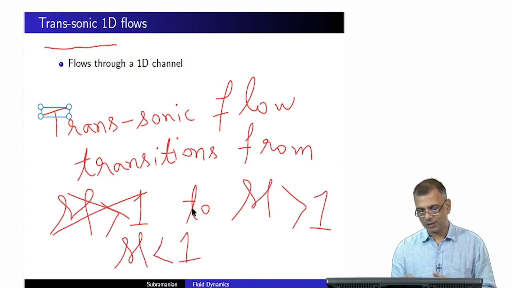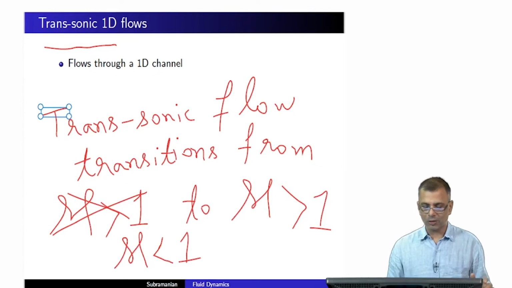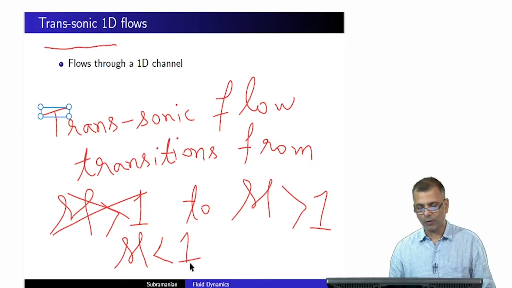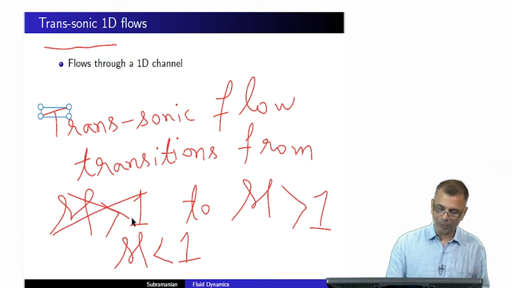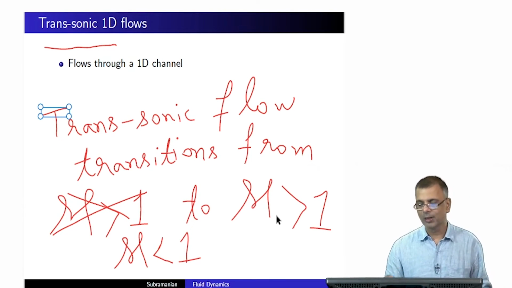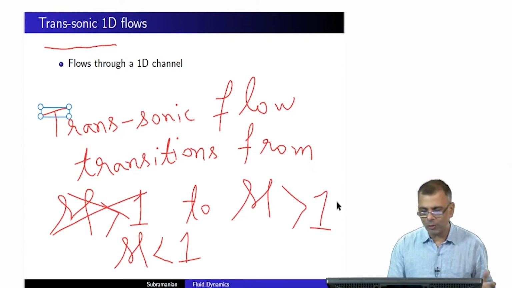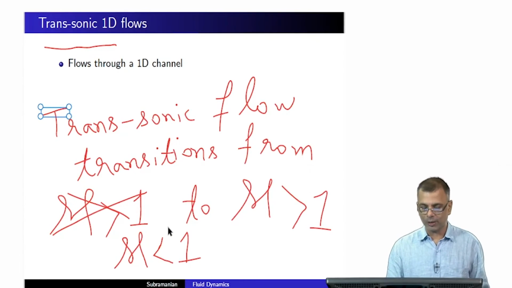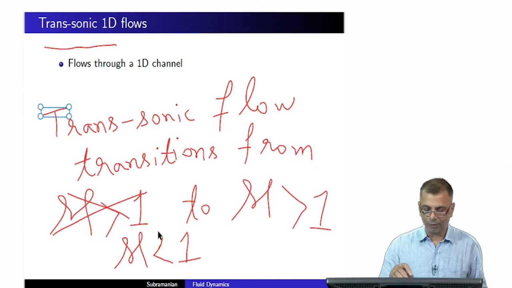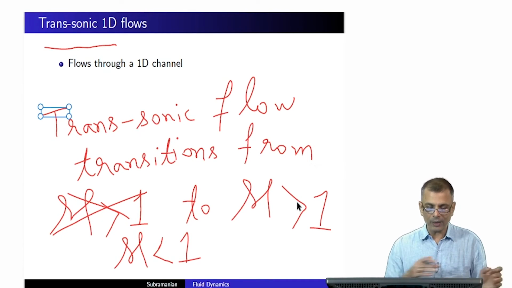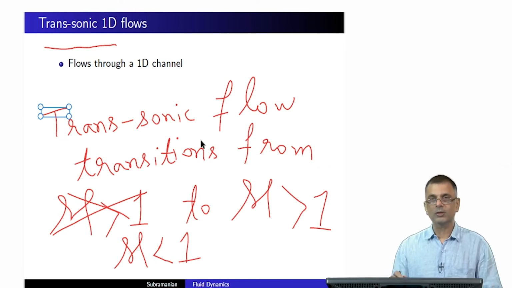So a transonic flow is one which transitions from a subsonic flow, which is Mach number less than 1, to a supersonic flow, which is Mach number greater than 1. Naturally, you will encounter Mach number equal to 1 while transitioning, and these are called transonic flows.